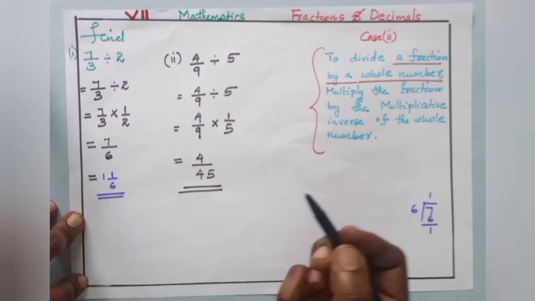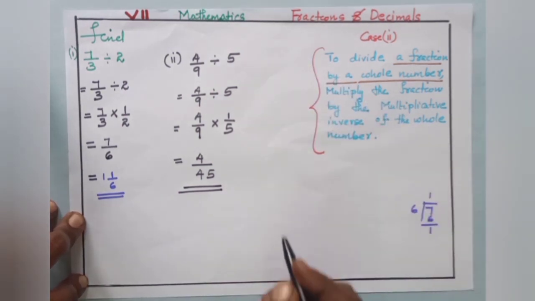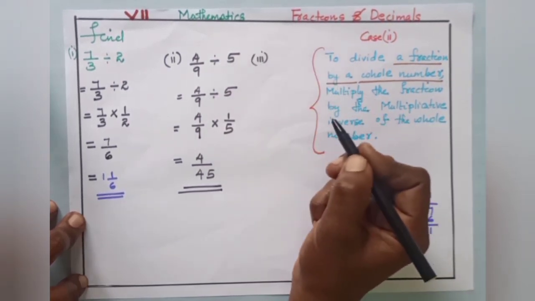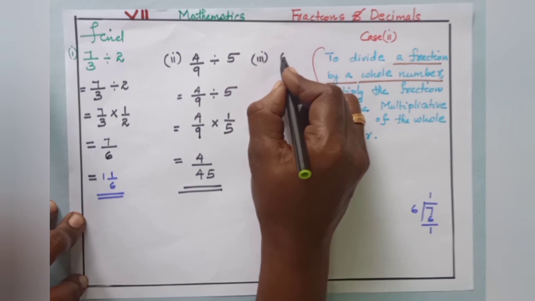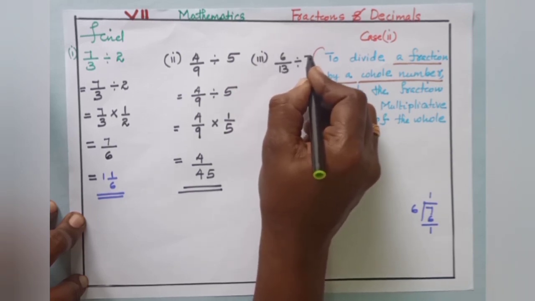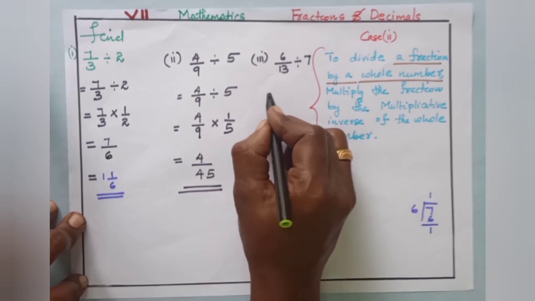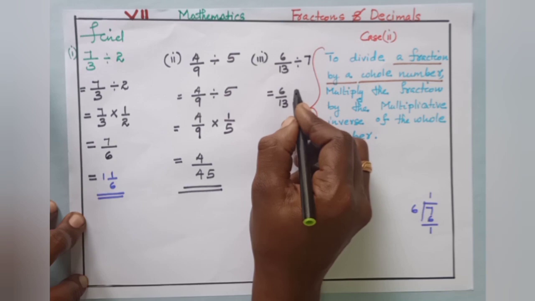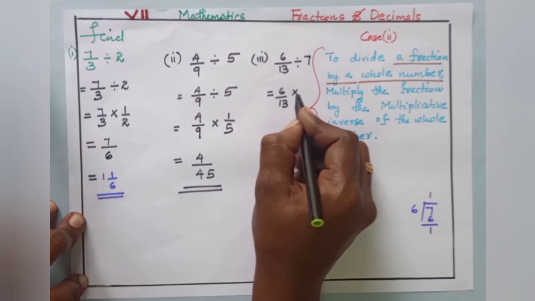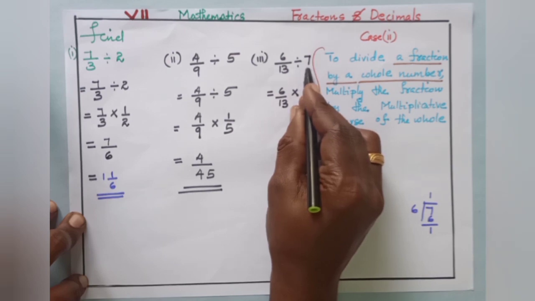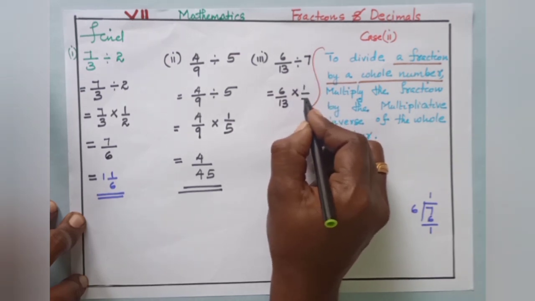Okay. Next, third question is 6/13 divided by 7. So 6/13, division changes into multiplication, then multiply by the reciprocal of the whole number. 7, reciprocal is 1/7.